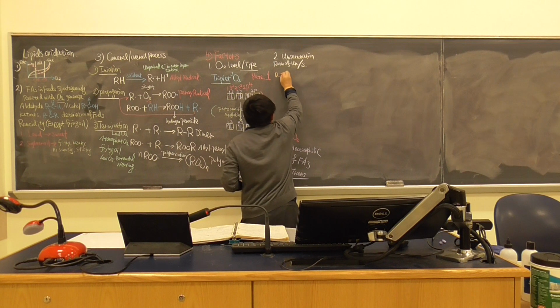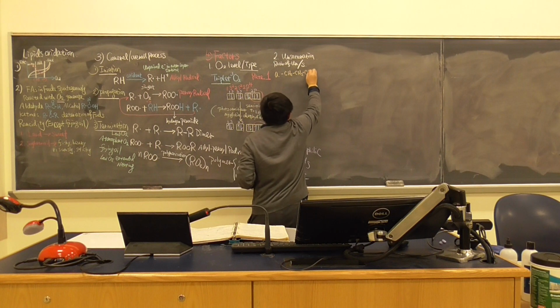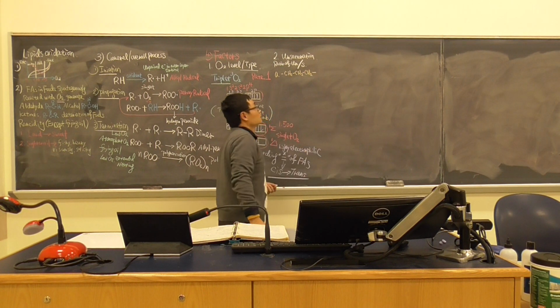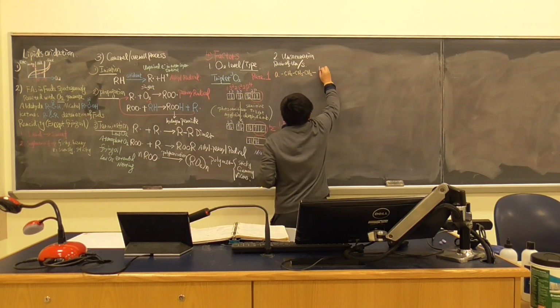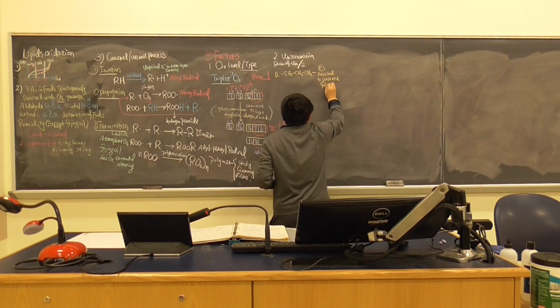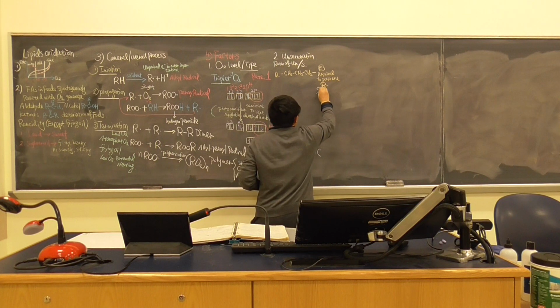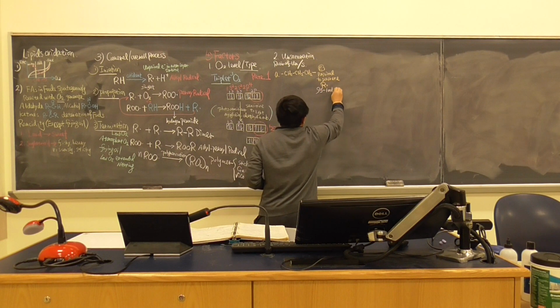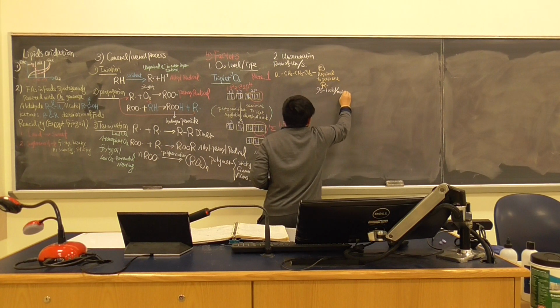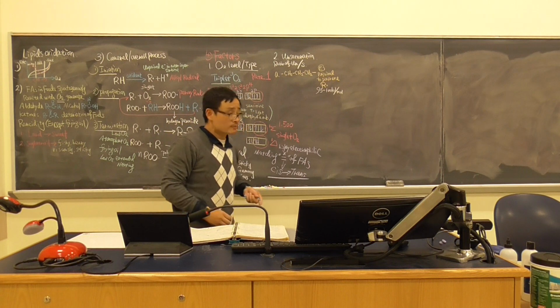So for example, I have CH2 and CH2. The energy required to generate a free radical is very high, almost 95 to 100 kJ per mole if it's a saturated fatty acid. But that does not mean it will not happen.